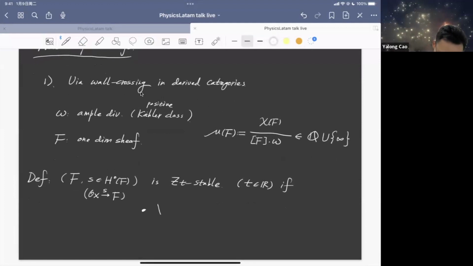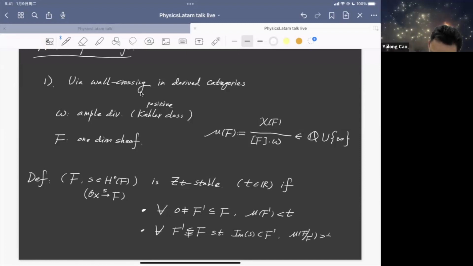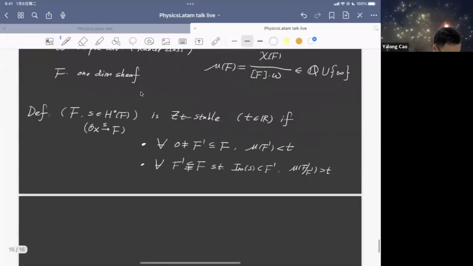The first is for any non-trivial subsheaf F prime, the slope of F prime is less than the parameter t we fix a priori. And for any proper subsheaf F prime such that the image of s lies in F prime, the slope of this quotient is bigger than t. Anyway, this is just definitions.